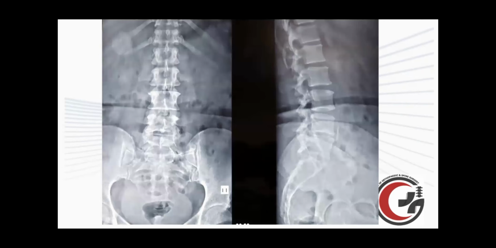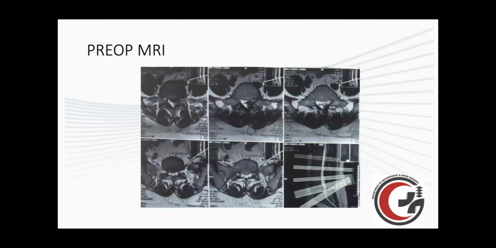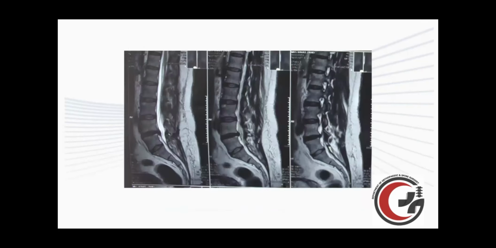This is an X-ray showing the dynamic X-rays of the woman with the lumbosacral X-rays AP and lateral view showing adequate disc space and no signs of instability. But on her preoperative MRI, this is an axial section showing the left-sided paracentral disc, and this is a sagittal view showing the disc herniation at the level L4 and L5.